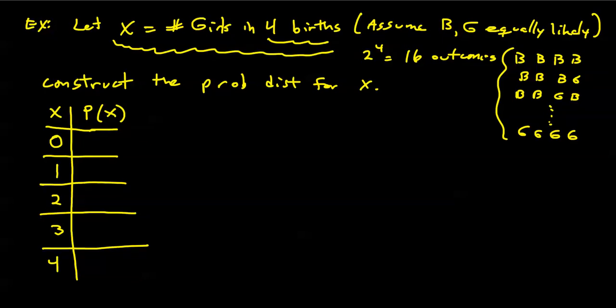Alright, well, let's think for a minute. I think we can fill in all these without brute force, writing down the sample space entirely. Let's see, 0 girls. If I've got 0 girls, that means I've got all boys, and only one of those outcomes has all boys, so 1 out of 16, or 1/16th, will be that probability.